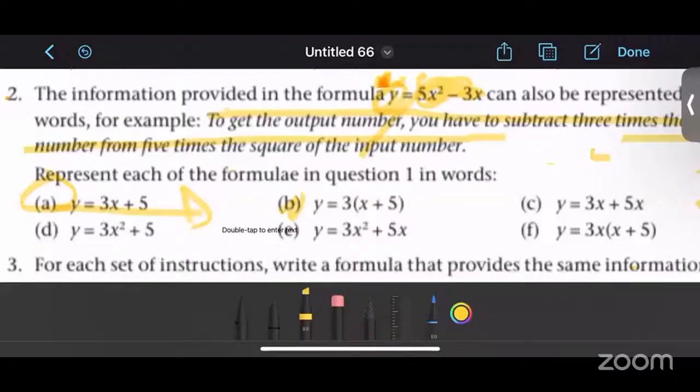So to get the output number, you have to add input number and 5, then multiply by 3.